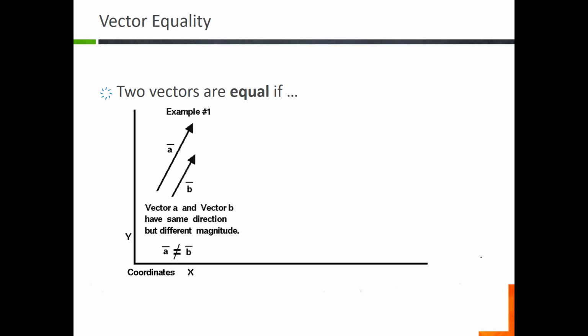In the illustration I have, vector A is a little longer, which means it has a larger magnitude, but vector A and vector B are both parallel to each other. So that means they're pointing in the same direction. In that situation, those two vectors are not equal to each other.